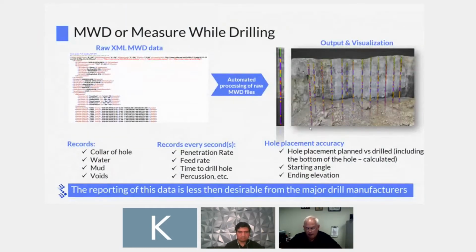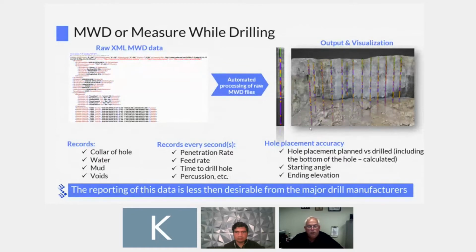Measure while drilling data. This is a complicated slide, but it's really simple. With GPS and measure while drilling data, you record the color of the hole, and you can also record whether or not the driller hit mud, water, and voids, all on a touchpad in the drill rig. It also records every second the penetration rate, feed rate, time to drill the hole, percussion pressure, feed pressure, and rotation pressure.